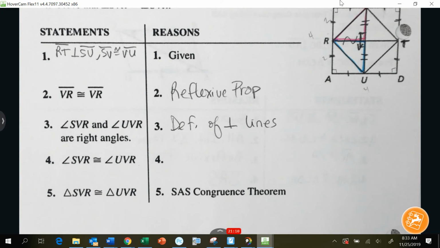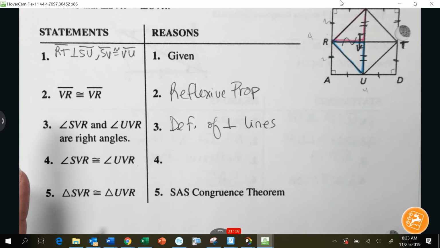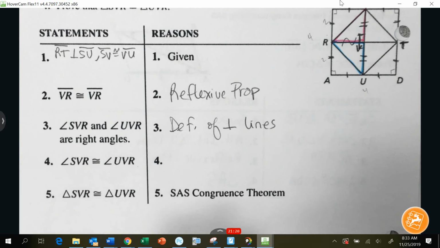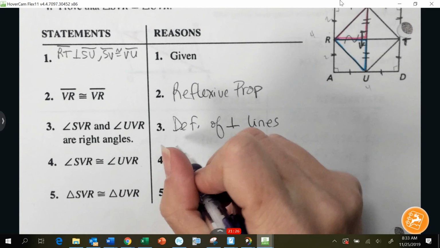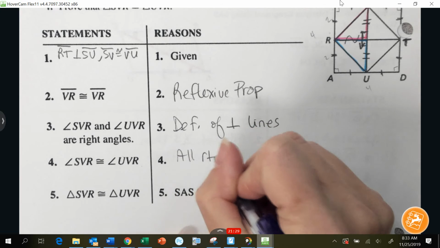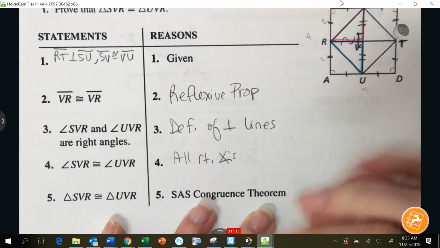John? No. They're both right angles, so they can't be complementary. Nah. Because we're not adding them up to equal 180. So the reason is there is a theorem or postulate. I cannot remember right now if it's theorem or postulate, but it's called all right angles are congruent. I think it might be like the right angle congruence theorem.